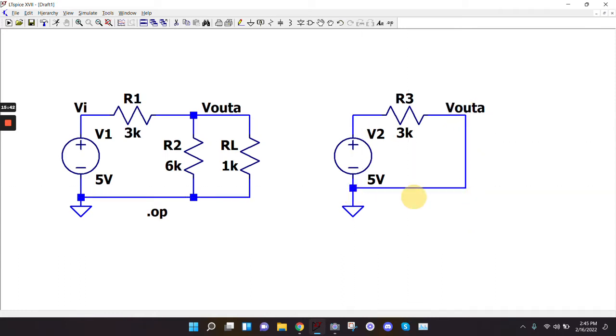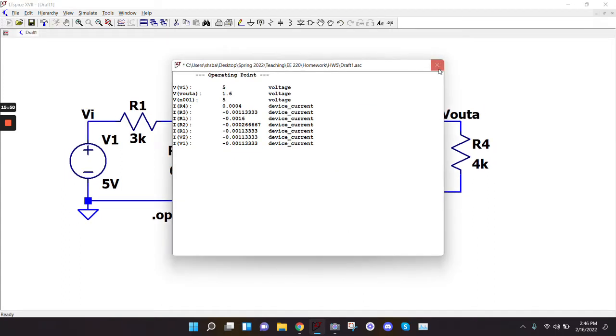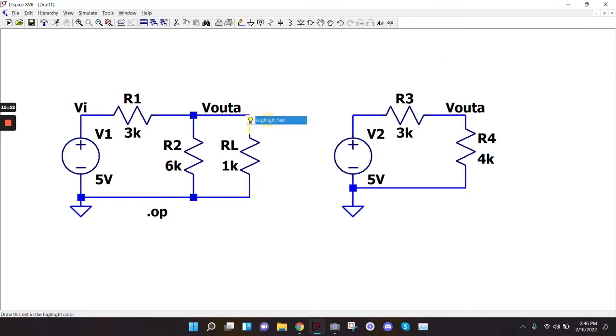I'm just throwing in some random numbers to show this point. If I run this and highlight the net, it's connecting those. It thinks these are part of the same net, so it's literally putting a wire between these two nets inside its own net list. So you don't want to label things the same.